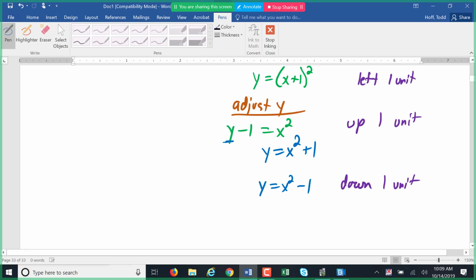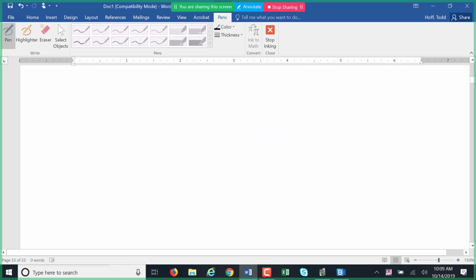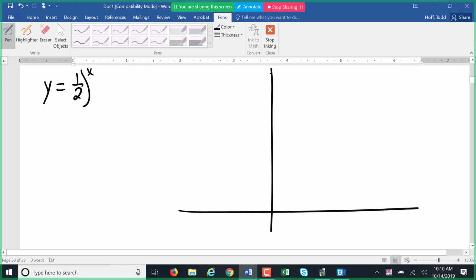So with our exponentials, we have exactly the same relationship. Y equals (1/2)^x, and I should put that in parentheses, looked like this.